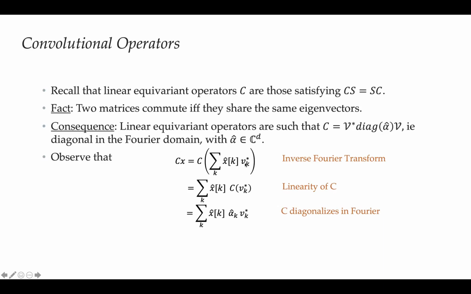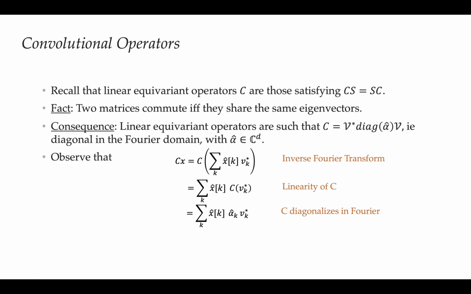Then I can use the fact that C is linear, because that's my assumption, to put the C inside. And now I can use the structural assumption that C is diagonal in Fourier, right? So I know that this guy is an eigenvector of this guy with a certain eigenvalue. Okay, so I have this important identity here.